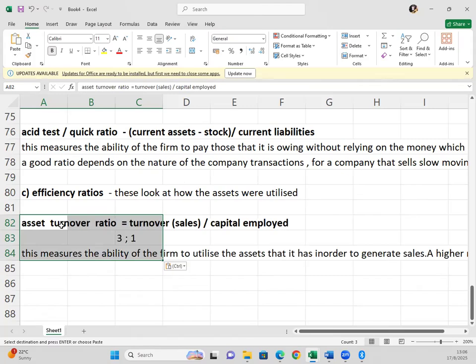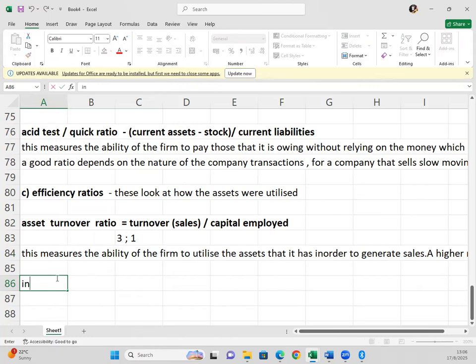So the asset turnover ratio, we have explained it, and then the other ratio, besides the asset turnover, we can also talk about the inventory turnover. So inventory turnover days.